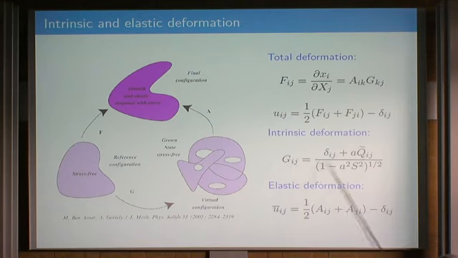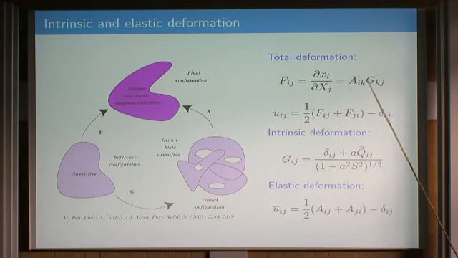Here, the intrinsic deformation should be related to the nematic tensor. And this is the simplest relation that we can construct. This is the extension factor, and this factor makes it area conserving.